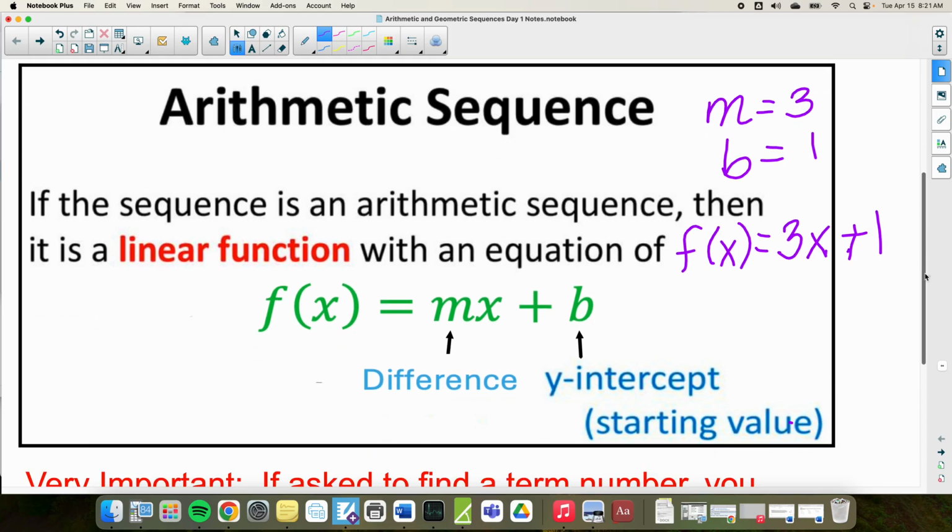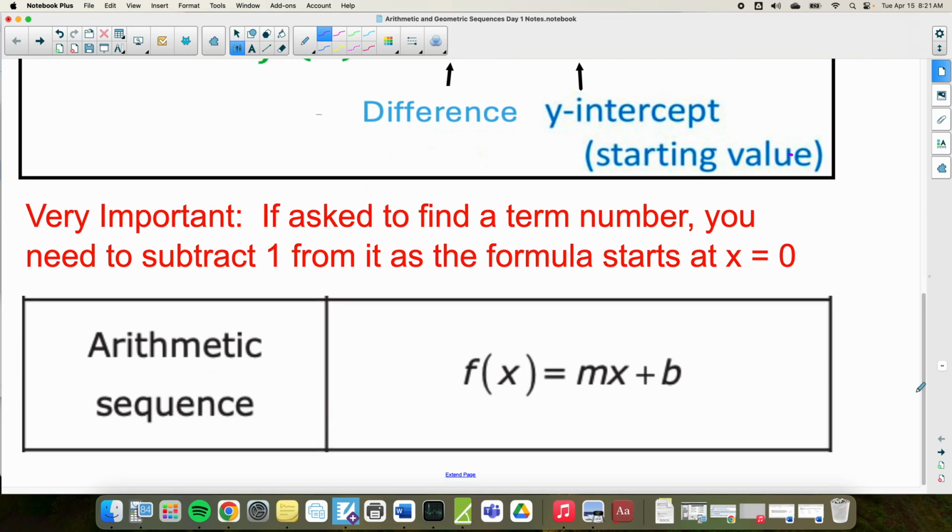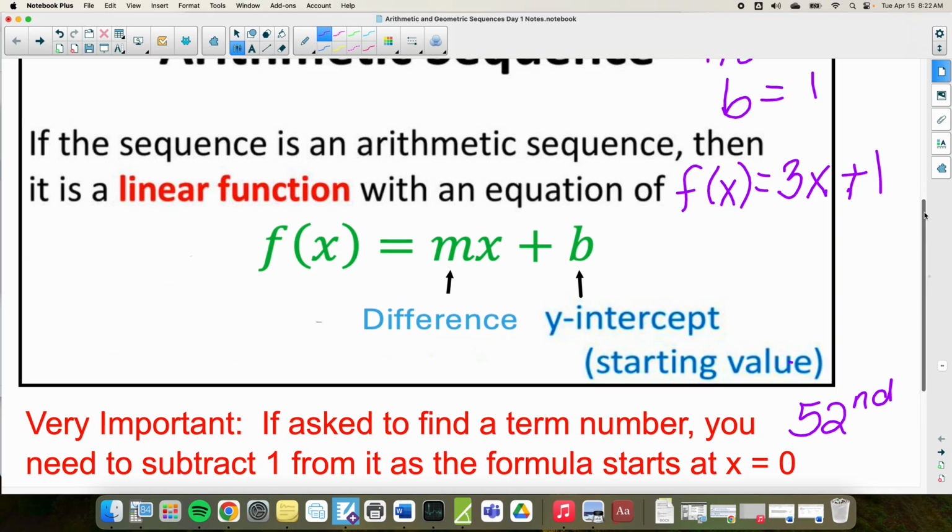But one thing that's kind of weird in the arithmetic sequence is if they asked you for the 52nd term, you would subtract 1 from that when you put it into this equation to find that 52nd term. The reason is you start with x equals 0, not x equals 1.